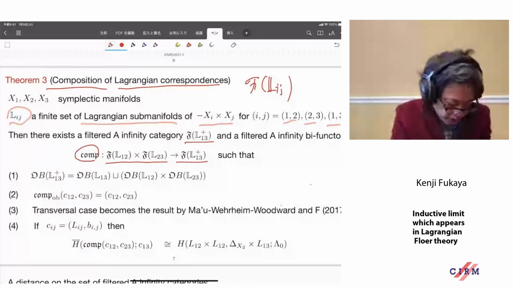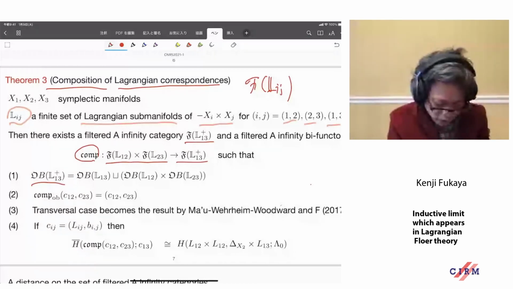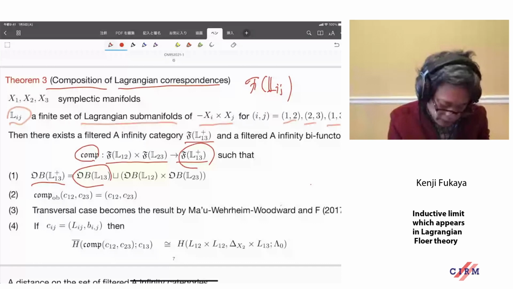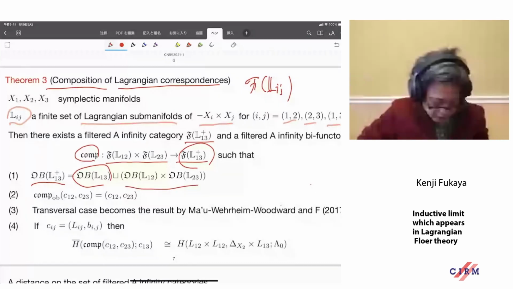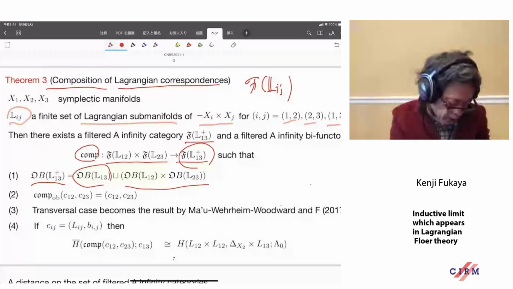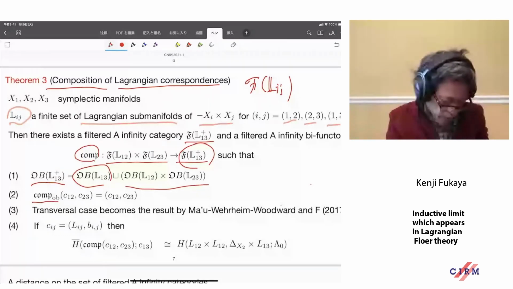And what it is: this Ob means that an object of L13 plus is an object of the original L13 plus this direct product. This means that something obtained by composition is also an object. And this composition functor, as far as objects are concerned, just corresponds to this: you have a pair of elements here, and you can just take the element here.